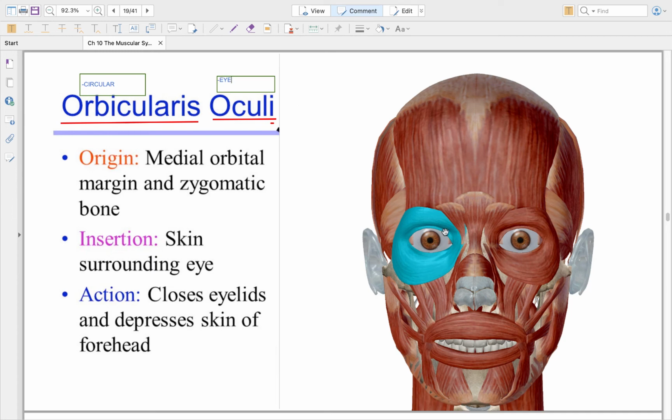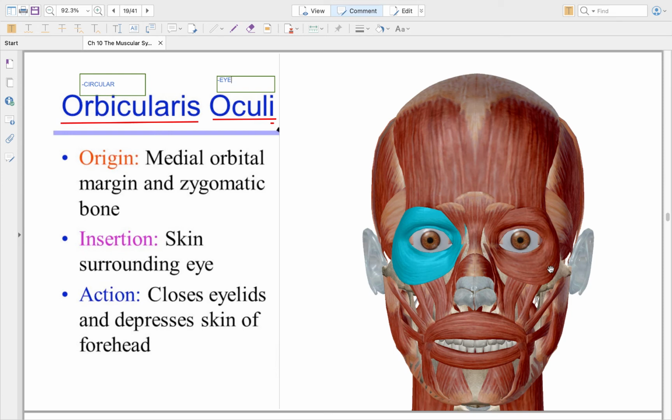Okay, and there it is. We have this perfect circle. Now the origin of this muscle is the medial orbital margin, like in here, and the zygomatic bone. So it has two points of origin.